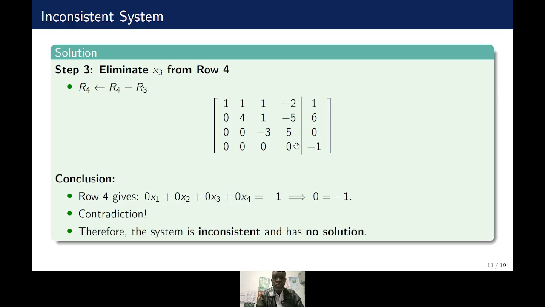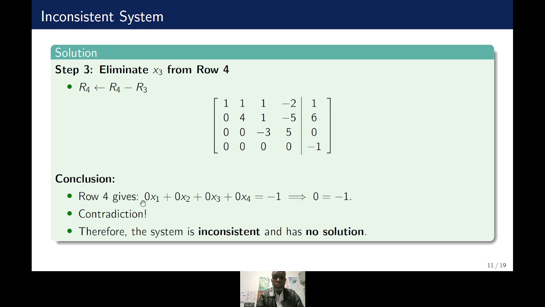So what does the last equation tell us? Row 4 tells us there's a 0 multiplying x1, 0, 0, 0. All the things on the left hand side are zeros, and then you are saying this is equals to 1.